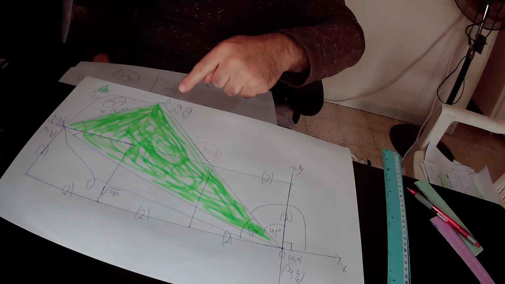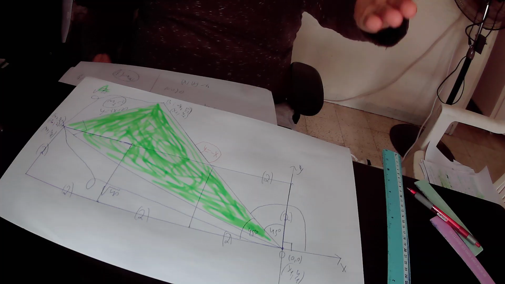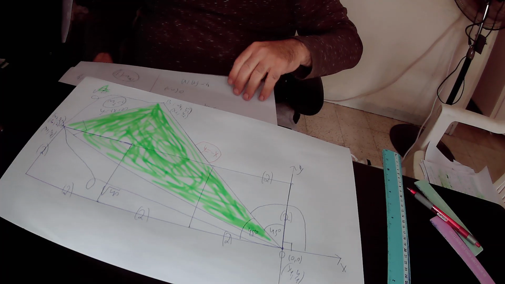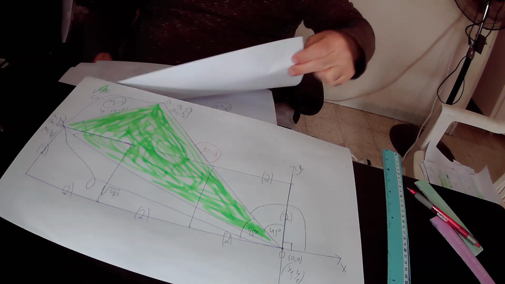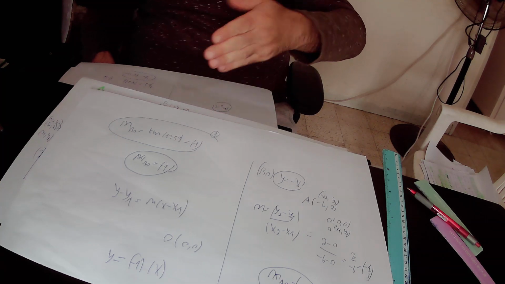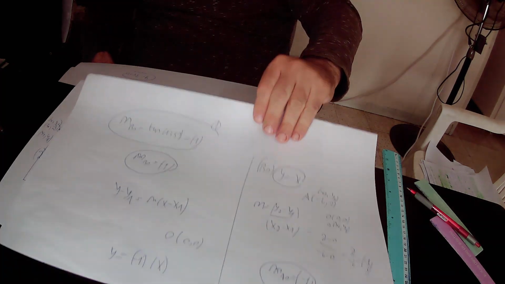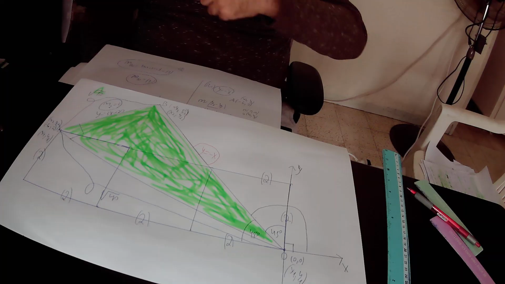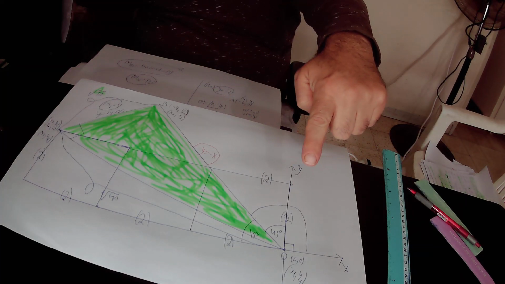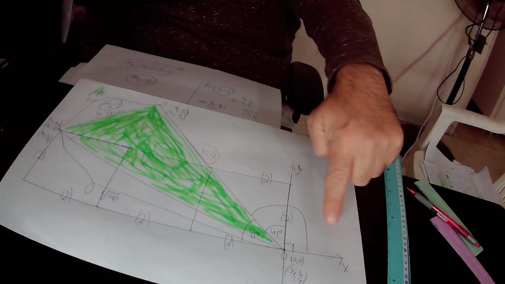The slope of the straight line BO equals tangent 135 degrees. Again, the slope is defined as m. So the slope of the straight line BO equals tangent 135 degrees. Again, 135 degrees is the angle that is created by the straight line BO and the positive x-axis.